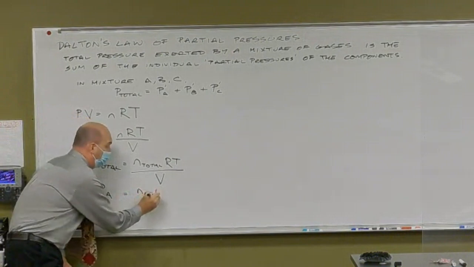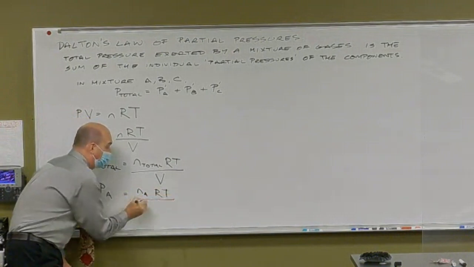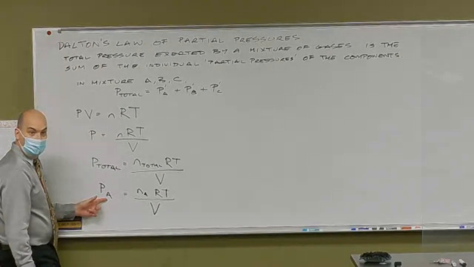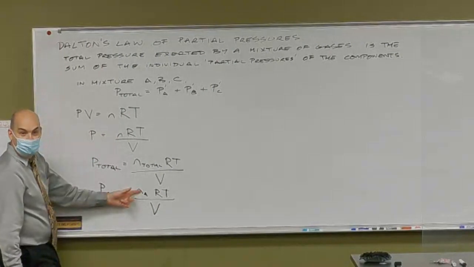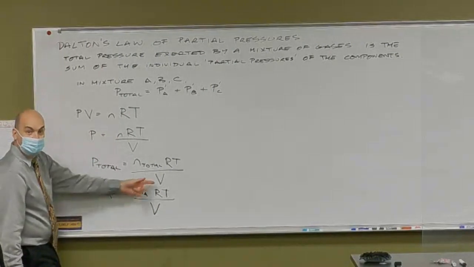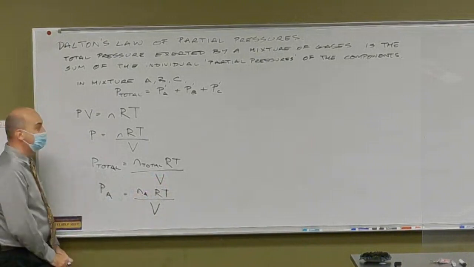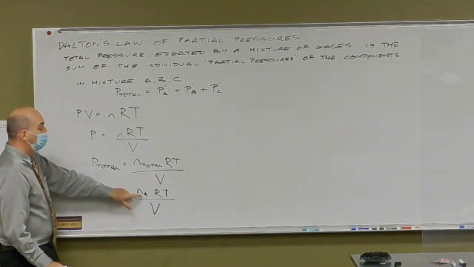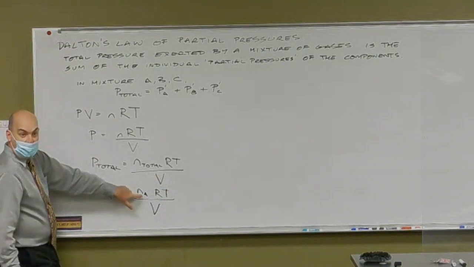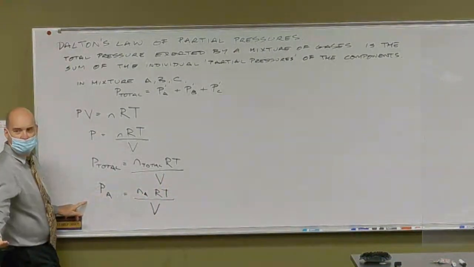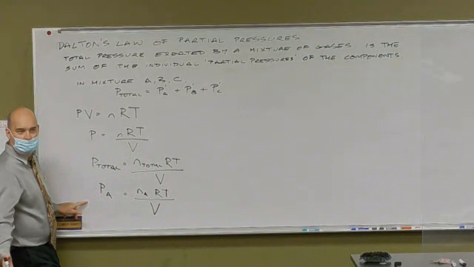Number of moles of A, RT over V. And the pressure of B is going to be the number of moles of B times R times T divided by V. So the more moles of A as a component I have, the more it expresses its pressure. That makes sense.